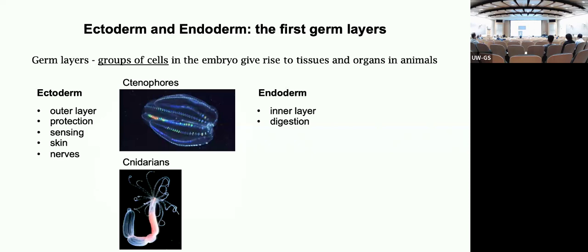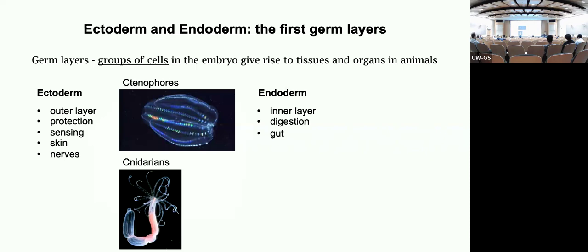Your ectoderm produces skin and nerves, whereas the endoderm produces the gut. There are animals that are relatively simple that have only these two germ layers. They have basically inside cells and outside cells.